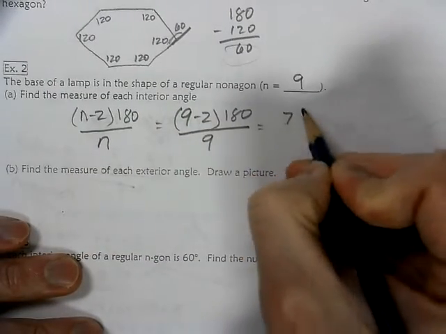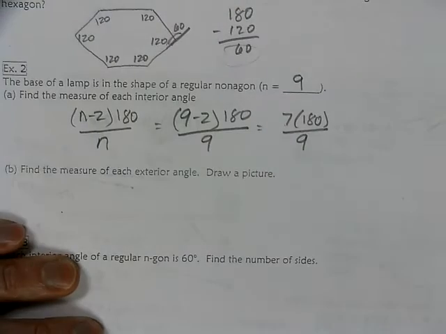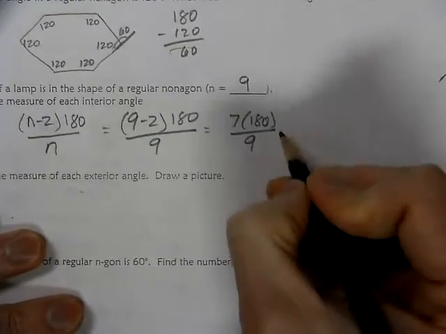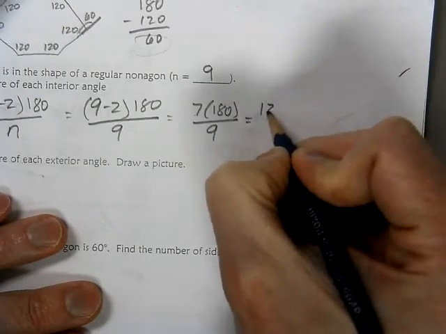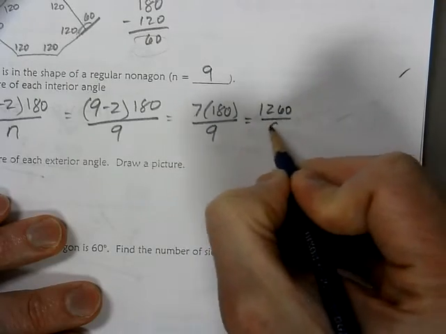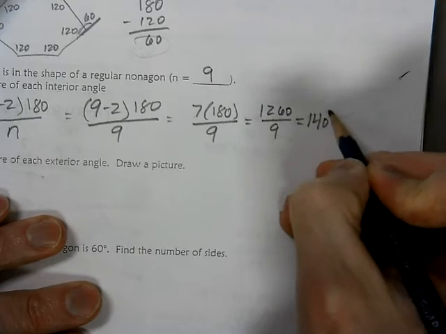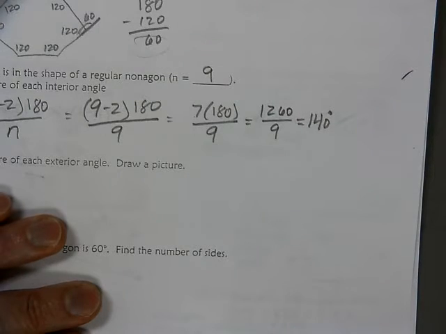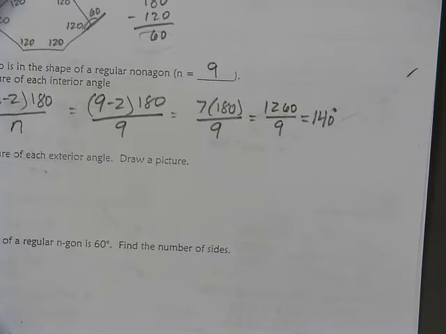That's 7 times 180 divided by 9. We've learned in the past that a nonagon has 1,260 degrees, divided by 9, and that's going to come out to be 140 degrees. Calculator would help you with that. So the measure of each interior angle is 140.